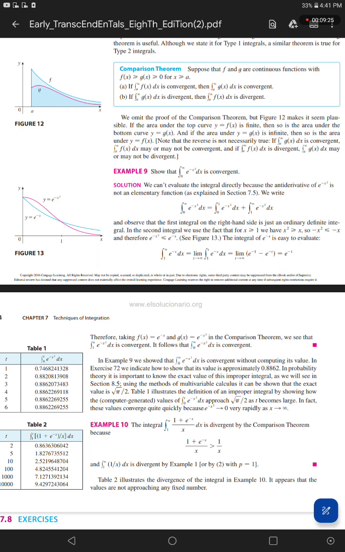Therefore, taking f of x equals e to the power negative x and g of x equals e to the power negative x squared in the comparison theorem, we see that the integral from 1 to infinity of e to the power negative x squared dx is convergent.